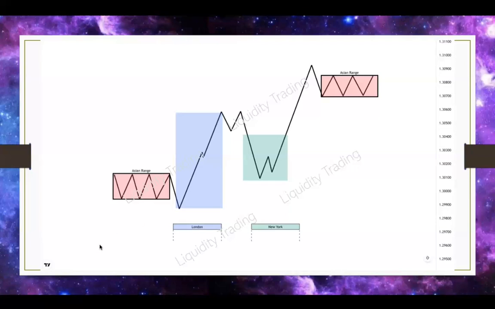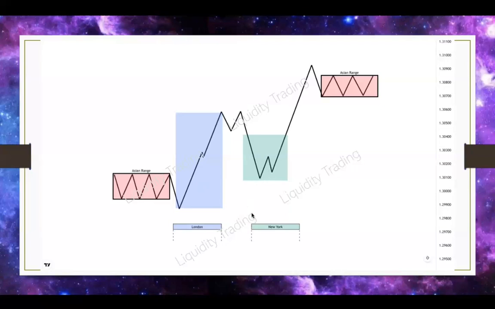So what we would like to see in this example is the London kill zone being bullish and creating the low of the day. If London creates the low of the day and the high of the day within the kill zone, we would expect the market to create a retracement back into the New York kill zone.